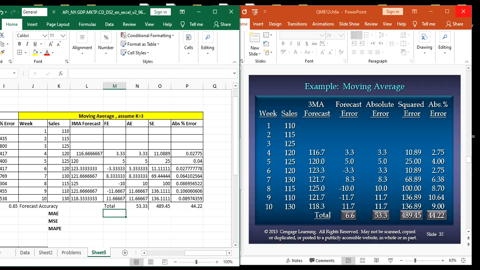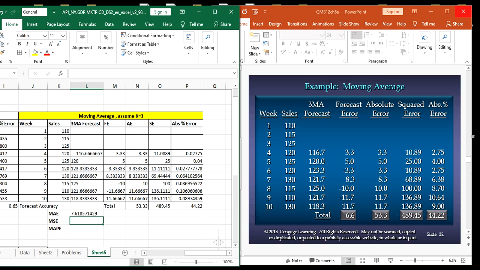So now, how many values do we have here? 1, 2, 3, 4, 5, 6, 7. So we divide: the mean of absolute errors, the sum divided by 7.